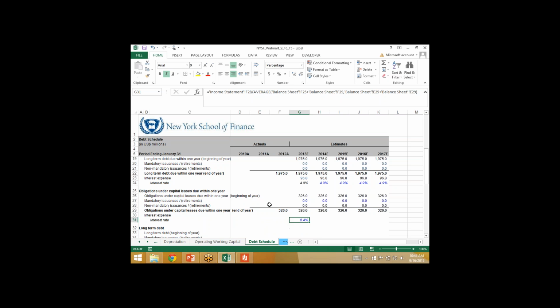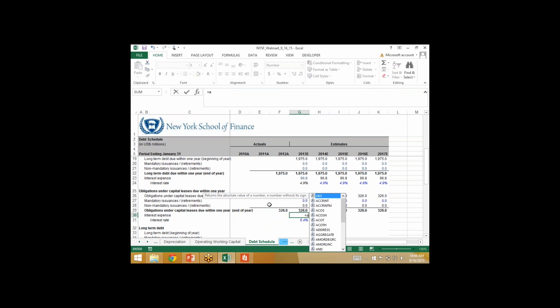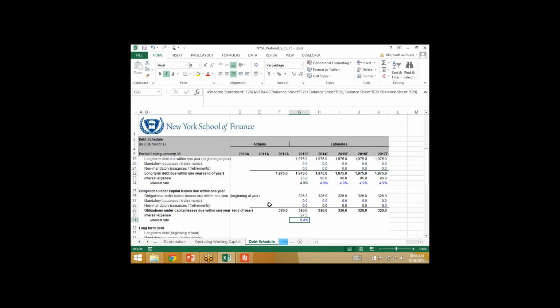Okay, and then we can now use the typical formula to calculate interest expense, which is the average of this year, end of year, beginning of year, times the rate, and then we can copy the whole thing to the right. Well, okay, so we need to anchor these references before we do that. Or I'll just have H31 equal to the year before. So in the book I copied it to the right because this is all hard-coded.